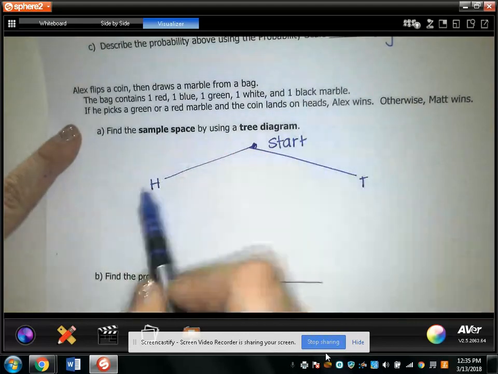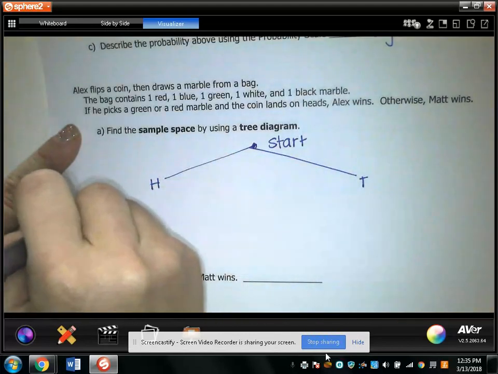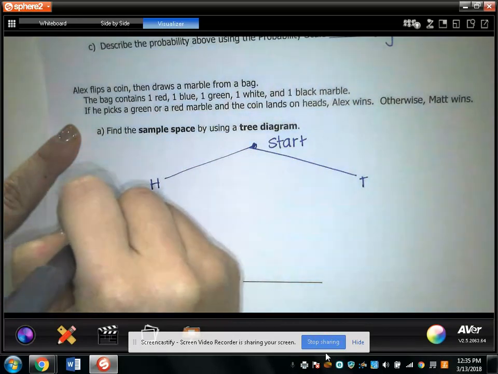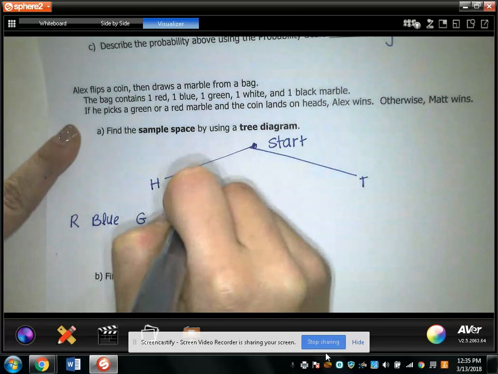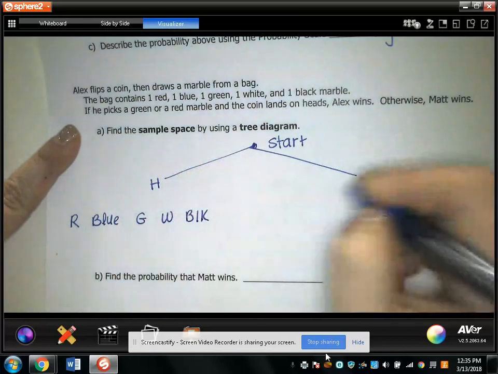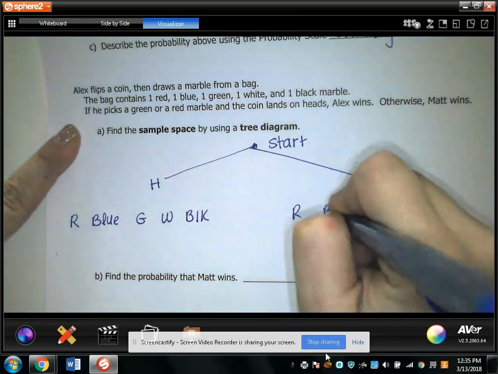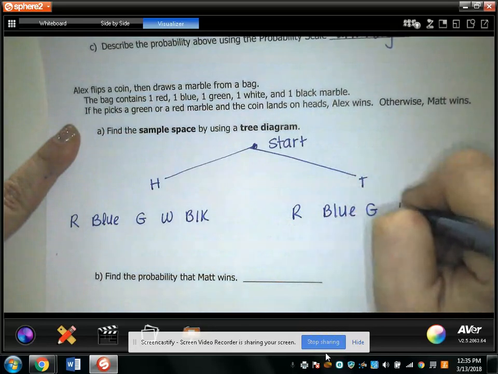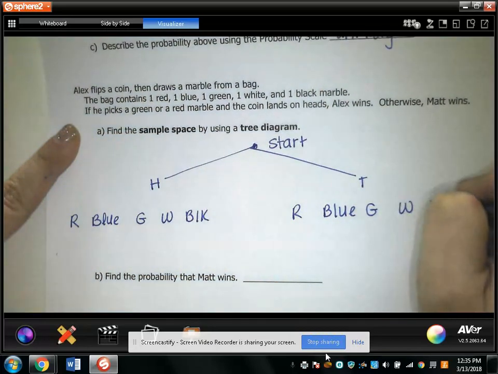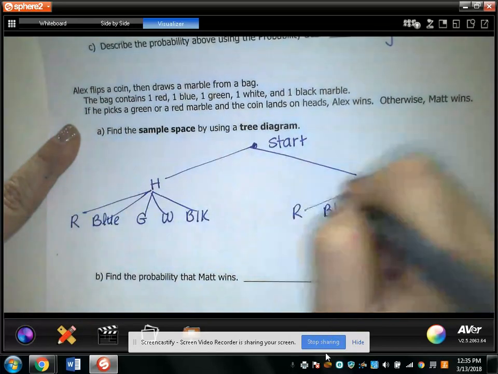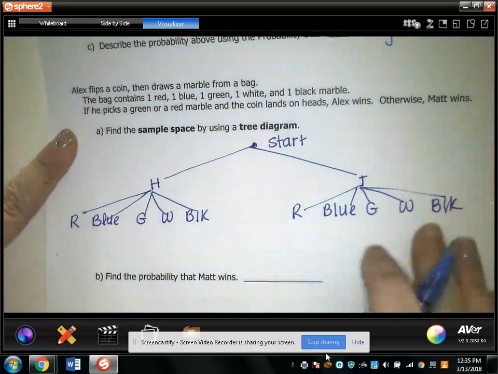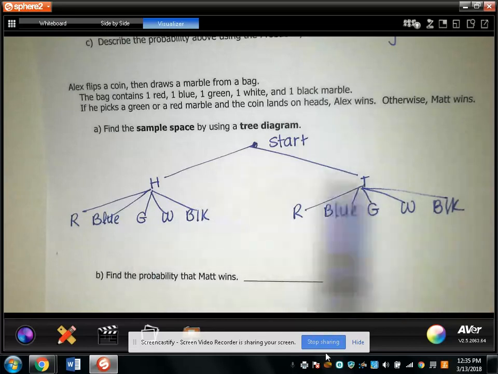So he could get heads up, and then he has to pick red, blue, green, white, or black. I'm abbreviating. All right. So here's my sample space.